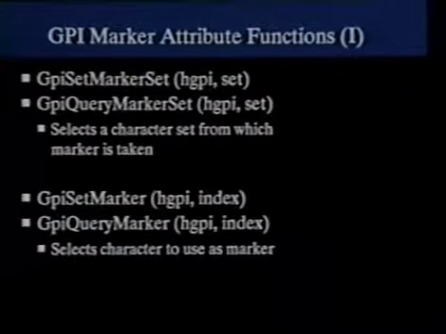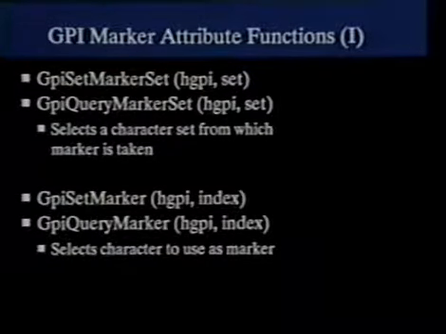In order for us to know what symbol you want used, you can select a marker set, about which I'll say more when we talk about text and character sets and symbol sets. But suffice it to say that a marker set specifies which logical character set the current marker image will be taken from. And from that set, you select an index, which is going to be the current marker.